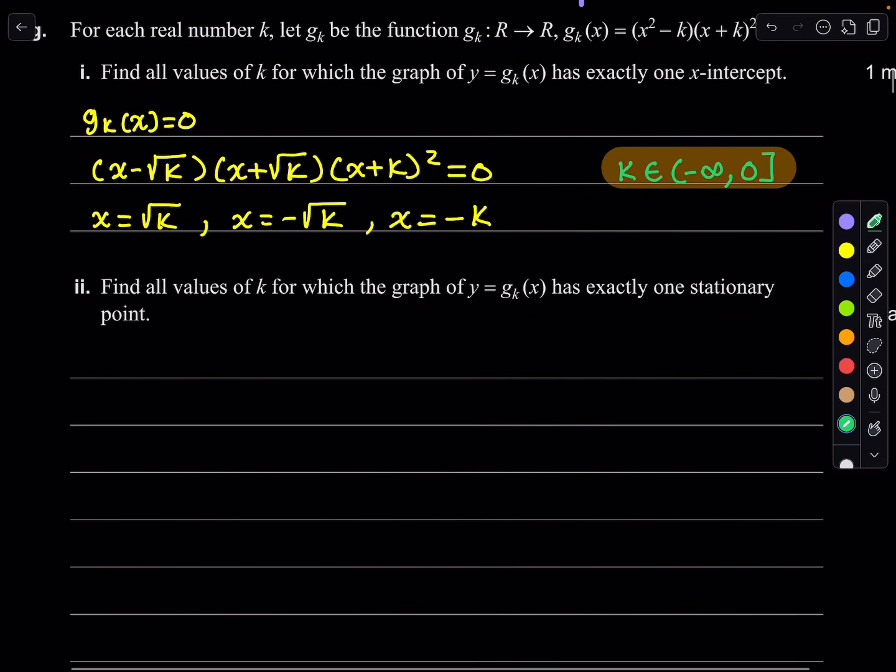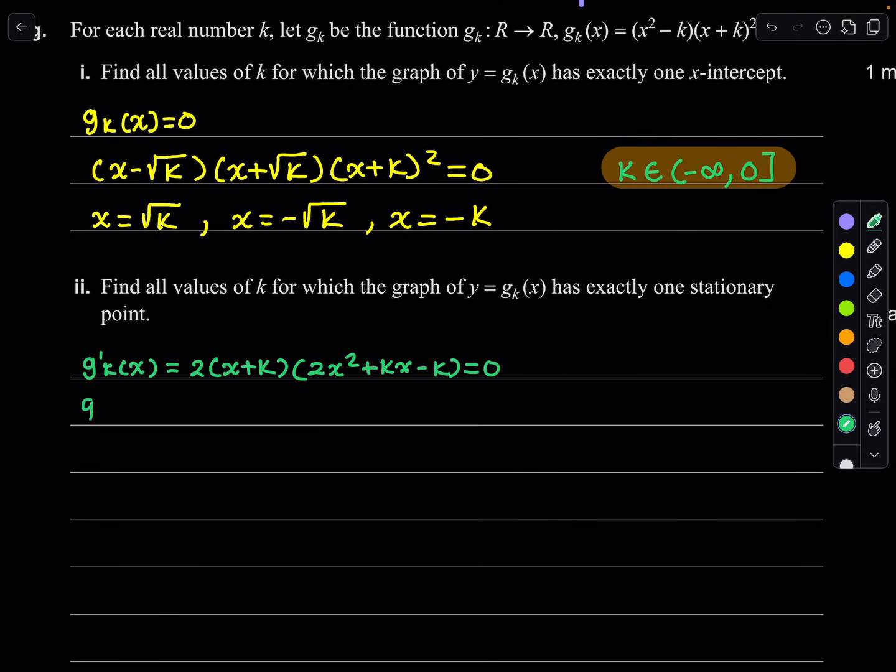So, for example, what we'd say is g dash of k of x is equal to, from looking at it, 2x squared plus kx minus k equals 0. Easy?